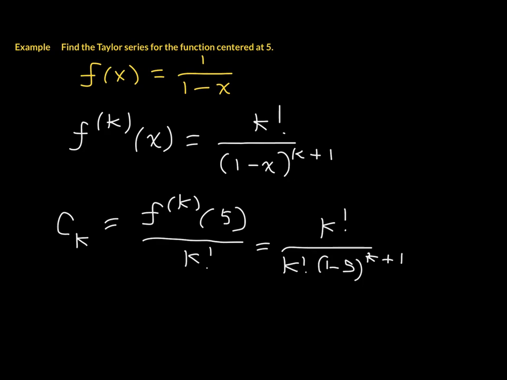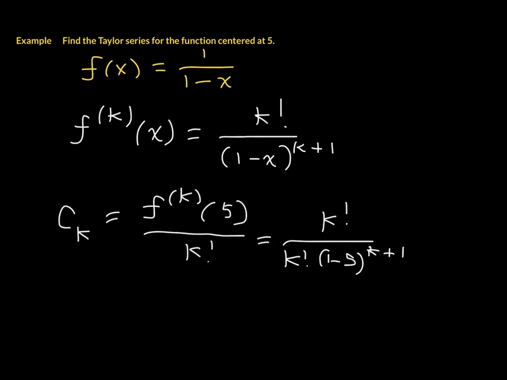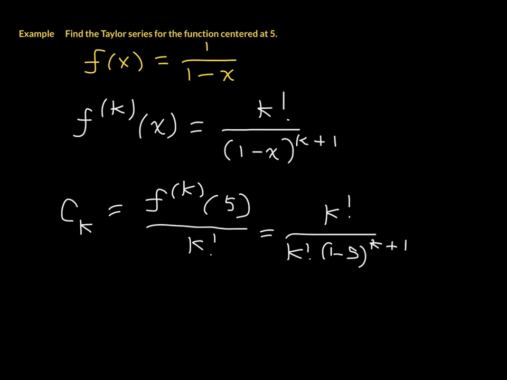But let's not forget that the coefficients have a k factorial in the denominator as well, okay? All right, so then I think we're ready to write down the Taylor series, but this time it is centered at 5. And notice that this can be simplified, of course.